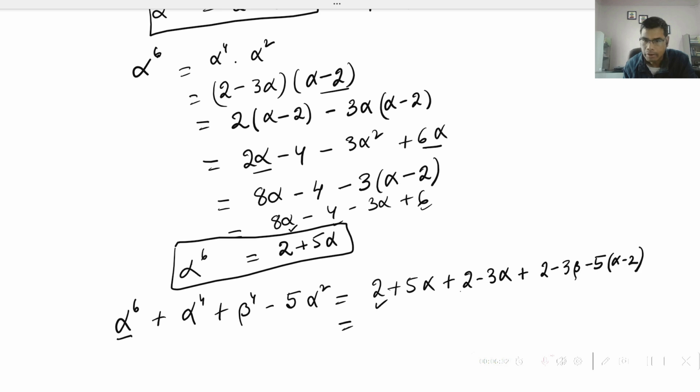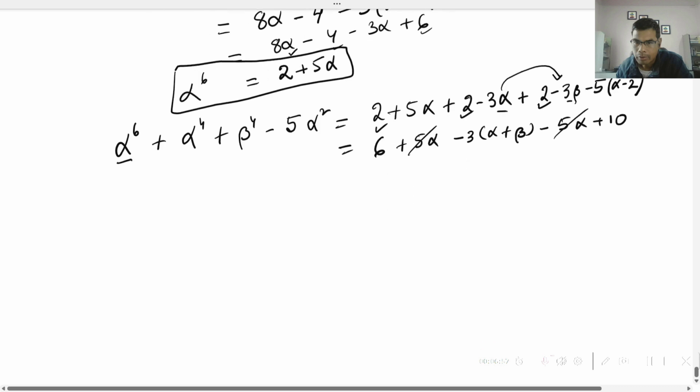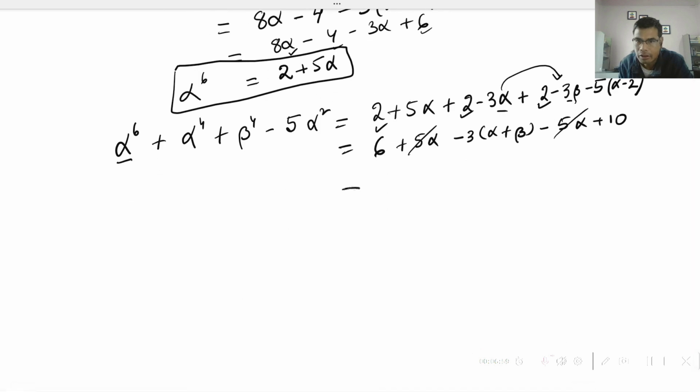If we combine, the three 2's give 2 plus 2 plus 2 is 6, plus 5 alpha, then minus 3 times alpha plus beta. Lastly we have minus 5 alpha plus 10, so minus 5 alpha with plus 5 alpha is 0.